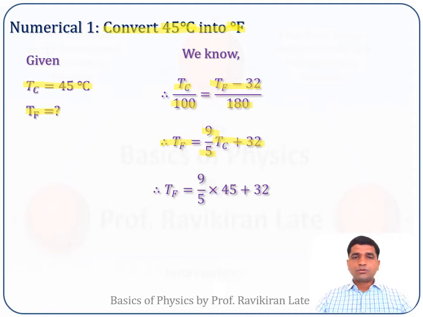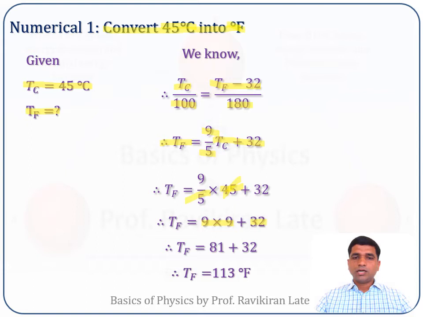Now I'll just substitute the value of Tc, which is 45. So it is 9 by 5 into 45 plus 32. If I divide this 5 into 45, it will be 9. So it will be 9 into 9 plus 32. 9 nines are 81. 81 plus 32, that is nothing but 113 degree Fahrenheit.